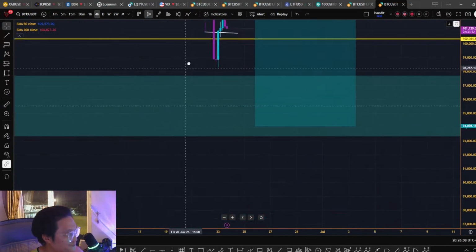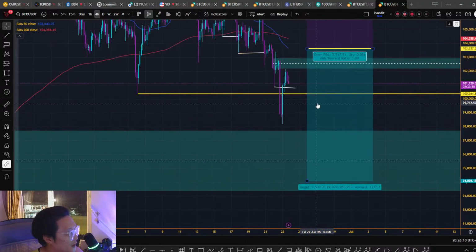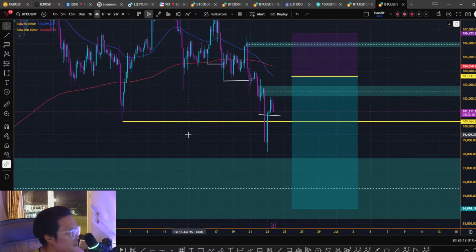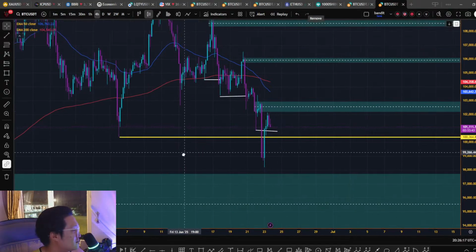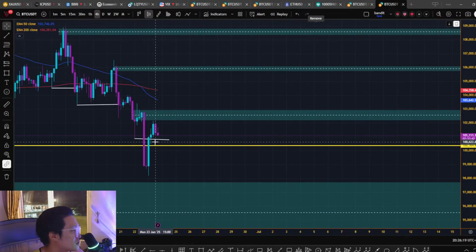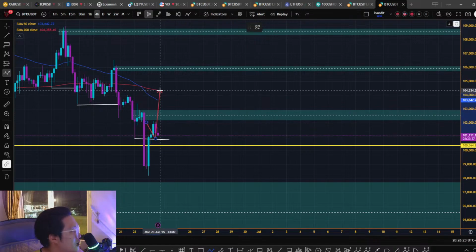So in here, our risk and reward is 1.3. That's good, but we need to wait. So don't place a limit order first. Since there's a false break, maybe tomorrow we're going to come a little bit higher and retest.